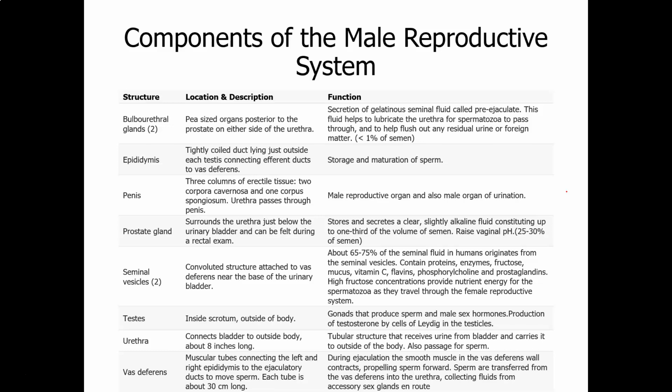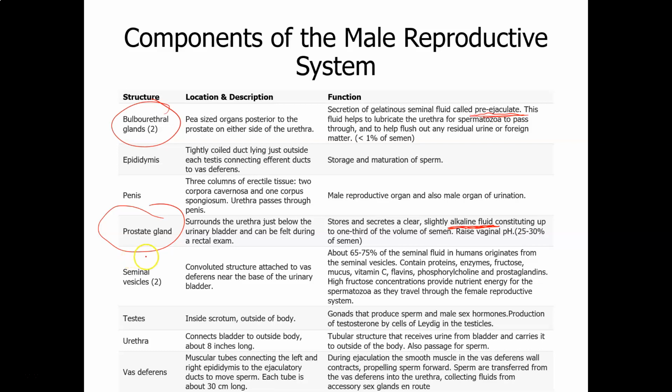So we have the list of all the structures in the male reproductive system and what they do. The bulbourethral glands, you can see here, secrete pre-ejaculate fluid, which helps in lubrication and cleaning the urethra. The prostate gland secretes an alkaline fluid, or basic fluid, which raises the pH of the vagina, which neutralizes the acidic conditions of the vagina.